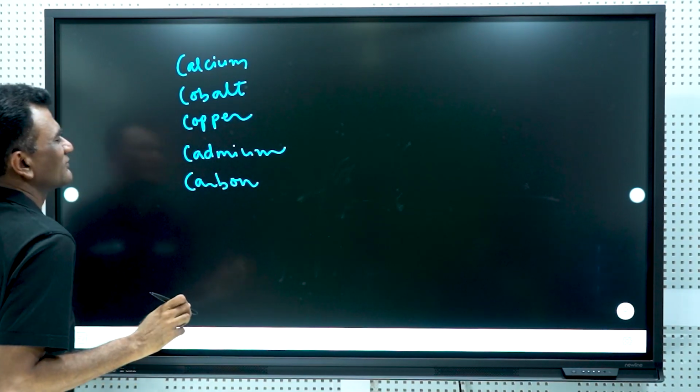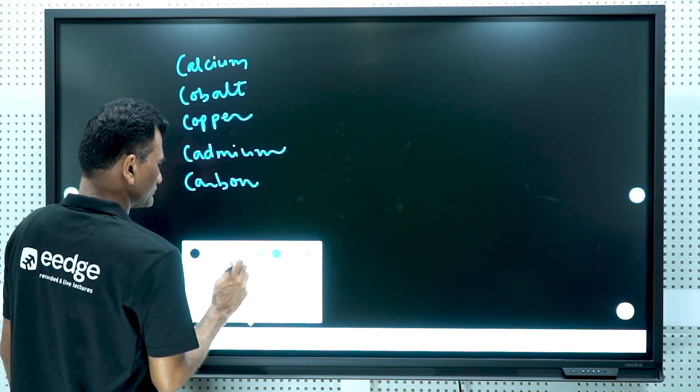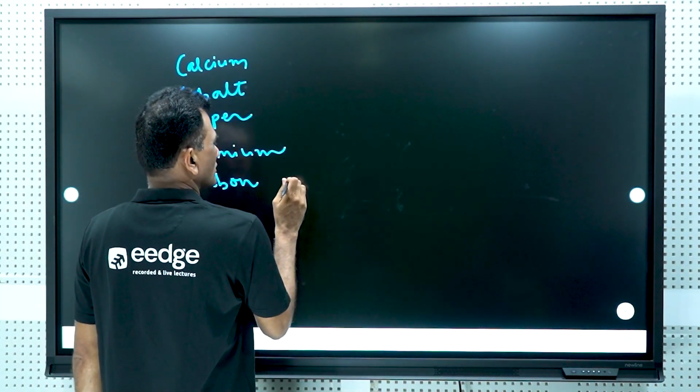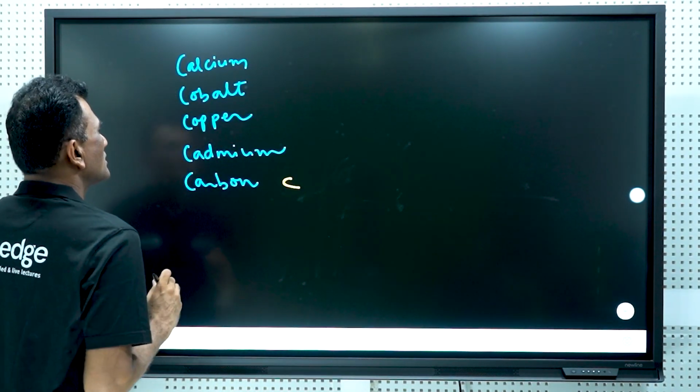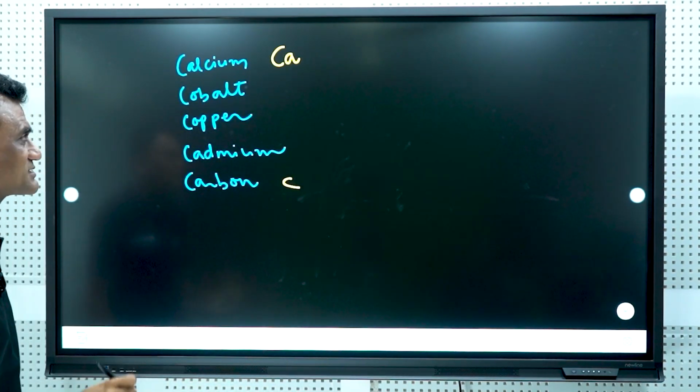They all start with C. Okay, so we have allotted the symbol C for carbon. For calcium, it is Ca. Usually the second letter is taken.